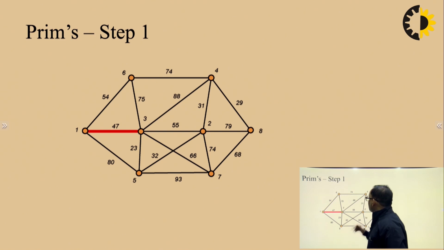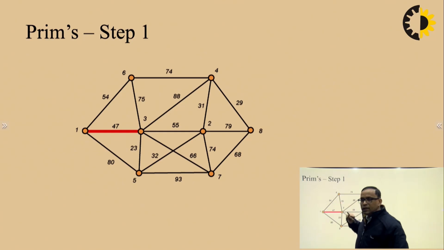So this is again the same graph, and now we are going to apply Prim's algorithm to find the minimum spanning tree. Let us consider our starting vertex is vertex number 1.